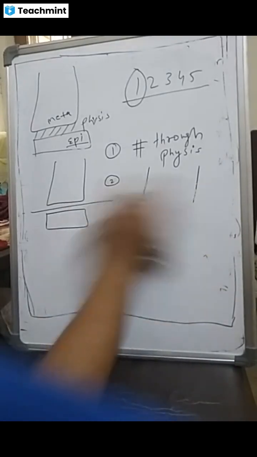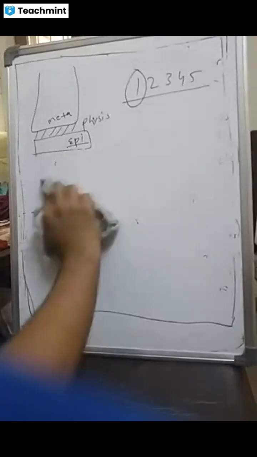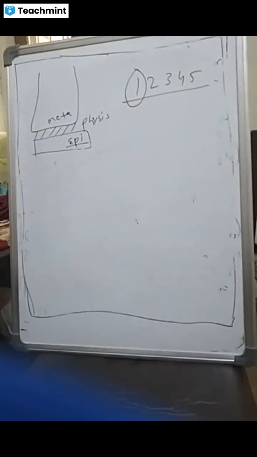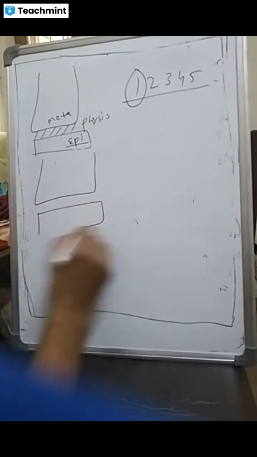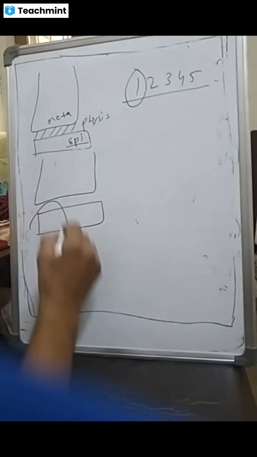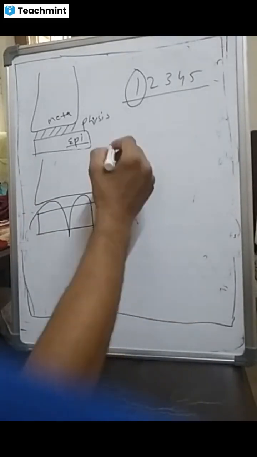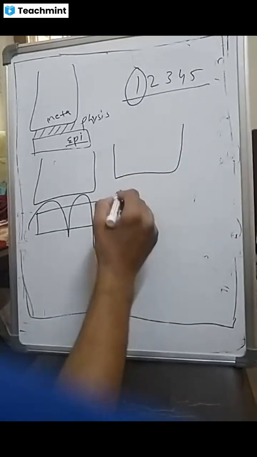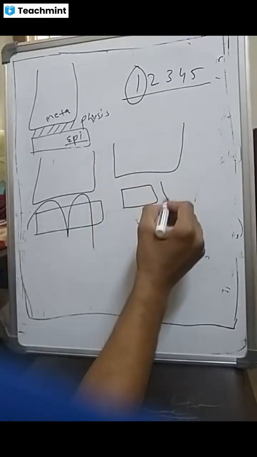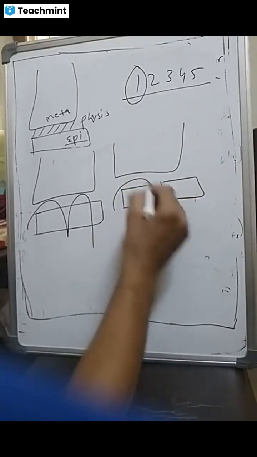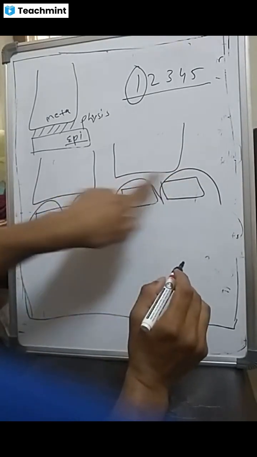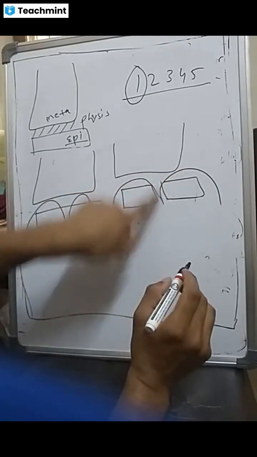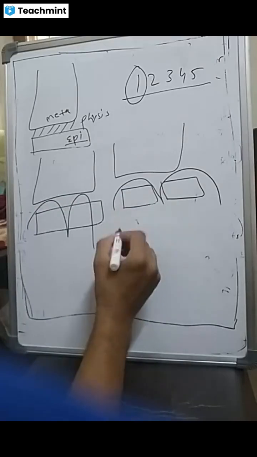Type 3, Salter-Harris type 3. It means the fracture is like this, through the physis and through the epiphysis.